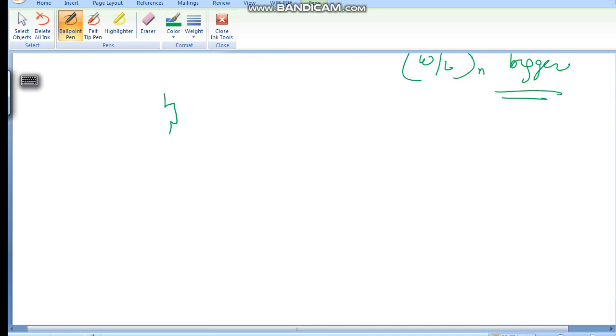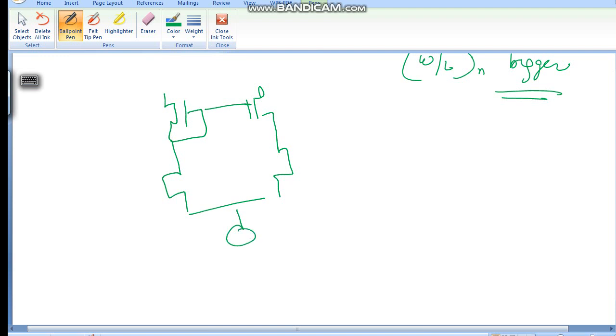Another thing is, now this is your differential amplifier. This is PMOS, M1, M2, M3, M4.